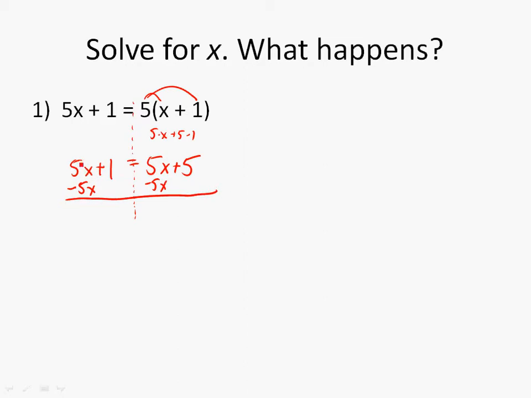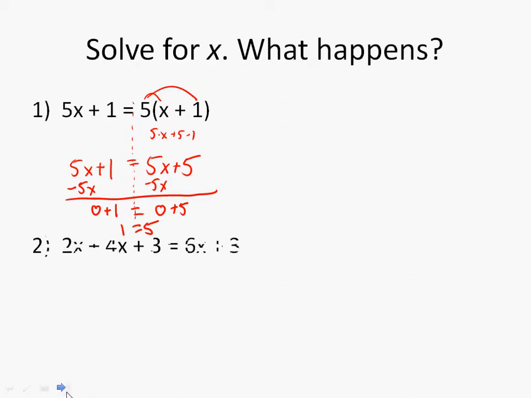So when I do that, I do 5x minus 5x. And as you remember, any number minus itself is 0. So I have 0 plus 1. And 5x minus 5x is 0 plus 5. Then I end up with 1 equals 5. Interesting.